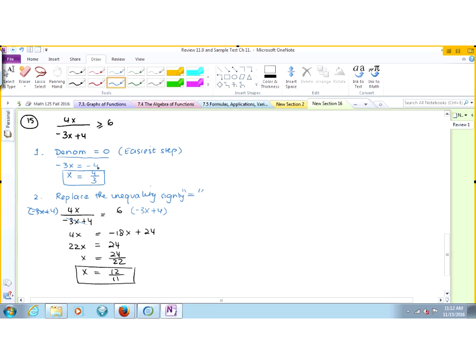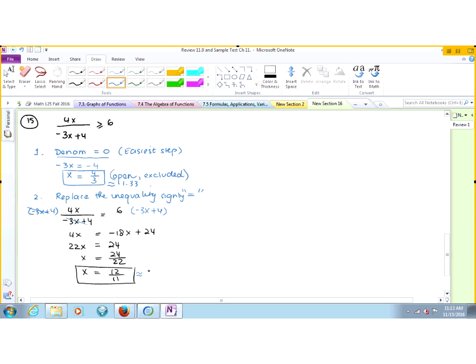By the way, for 4/3, is it closed or open? Open. Why is it open? Excluded. Good. Now, 4/3 is approximately 1.33, right? What about 12 over 11? What is 12 divided by 11?